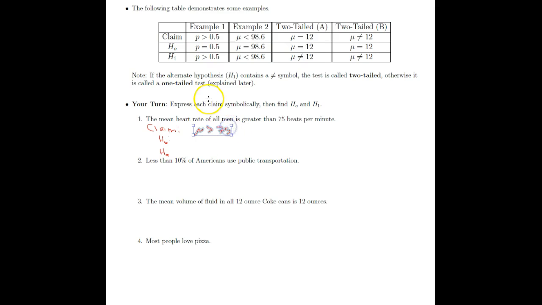And then remember, the null hypothesis has to impose equality. So I would say the null hypothesis is that mu equals 75. And then for the alternate hypothesis, you can call that H sub A or H sub 1. And that would be the same thing as your claim, which is that mu is greater than 75.